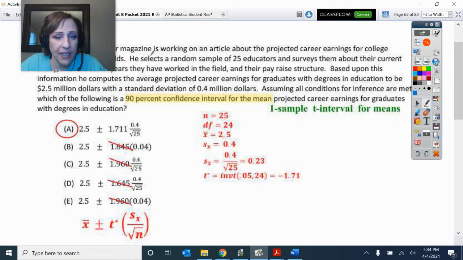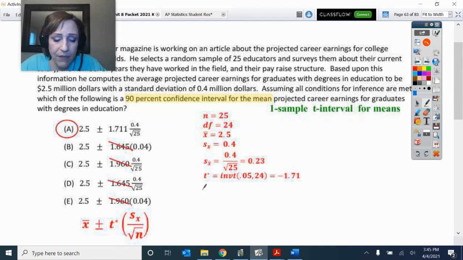Look at the information I've been given: the sample mean, that's the X bar, and the sample's standard deviation, that's the S of X, 0.4. So the sampling distribution's standard deviation is 0.4 over the square root of 25, because 25 was the sample size.